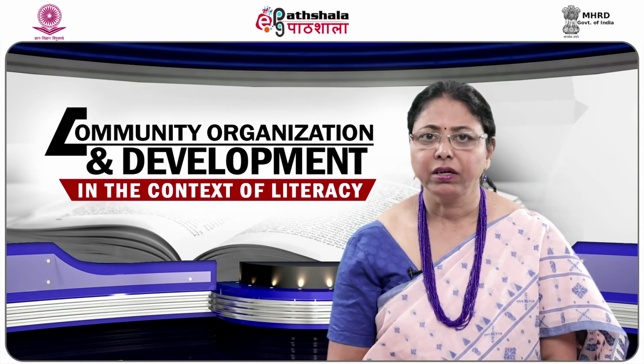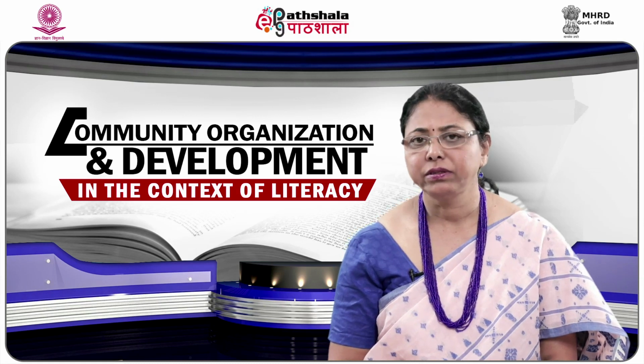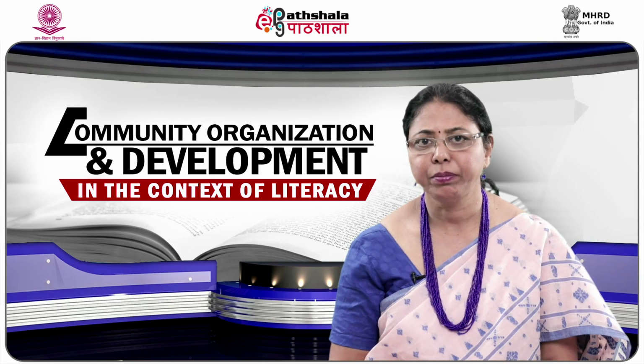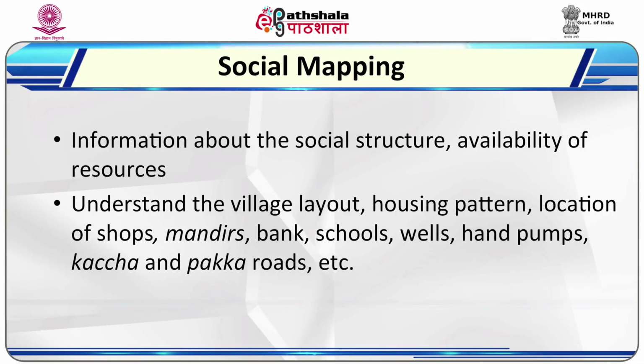Here we are giving a few examples of mappings already practiced by various people. Let us see first social mapping. These maps give information about the social structure, availability of resources at a glance.